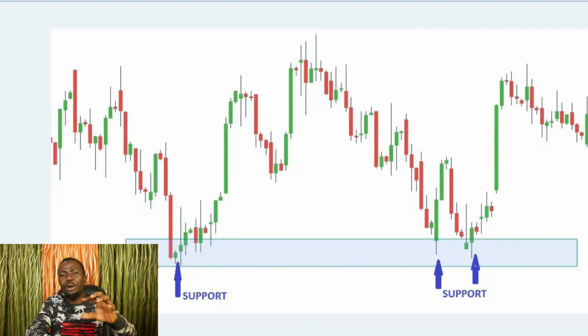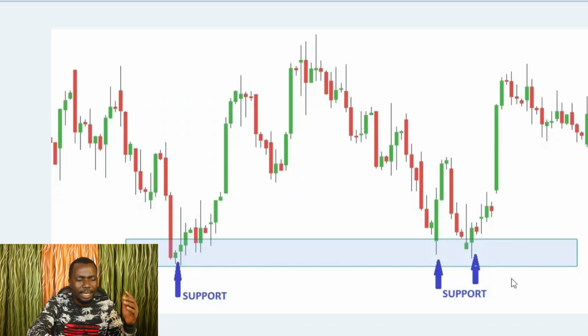Like I told you in my previous videos, a support level is not just a line, it's a zone. That is why some traders do use the rectangle, because it is a zone. Sometimes if you draw a line, price might not get to the line.